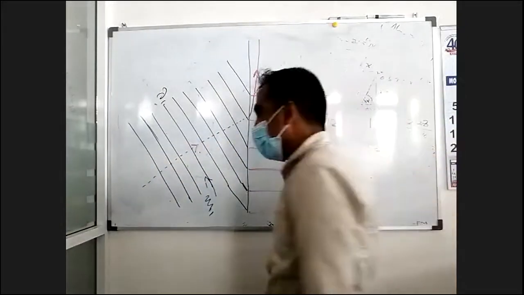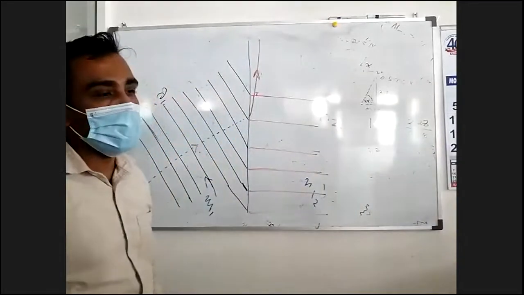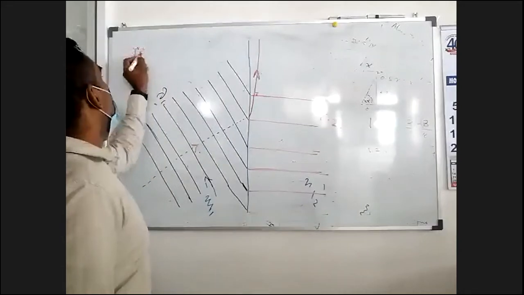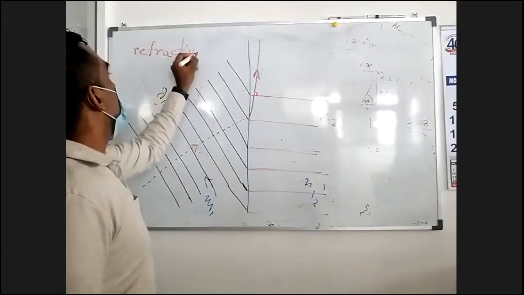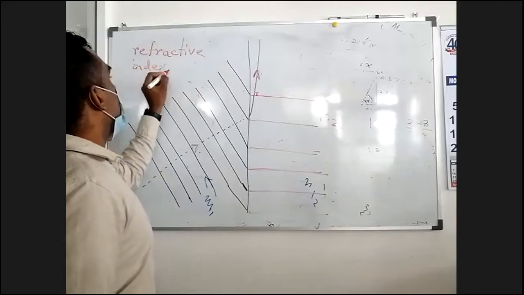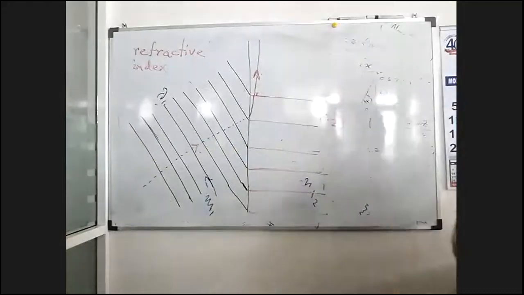And Snell had a property of a medium that is called the refractive index. What is the refractive index? What is the definition of the refractive index of a media?